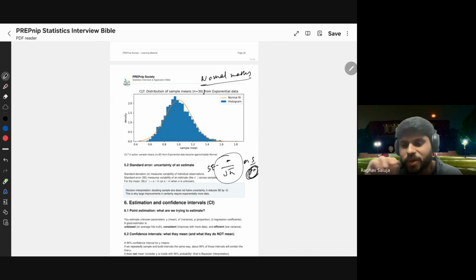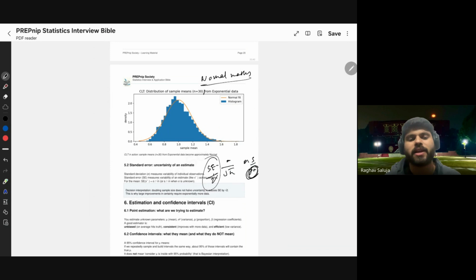N is in under root. So if you want to make your estimate twice as precise as the current one, तो तुम्हें 4 times more data चाहिए. You need N to be 4 times more. The sample size 4 गुना ज्यादा होनी चाहिए for your estimate to be 2 times precise. Which is standard error को by 2 करना है तो.